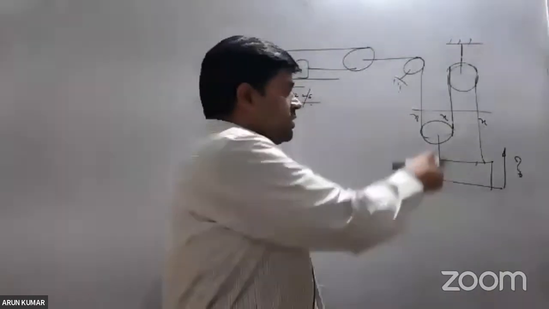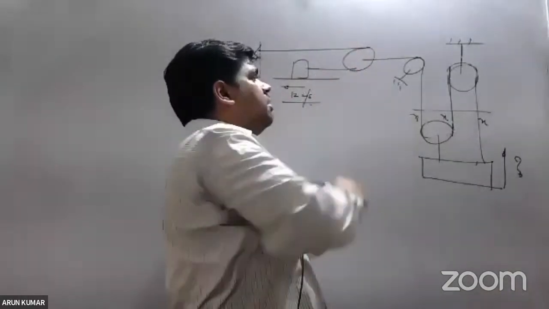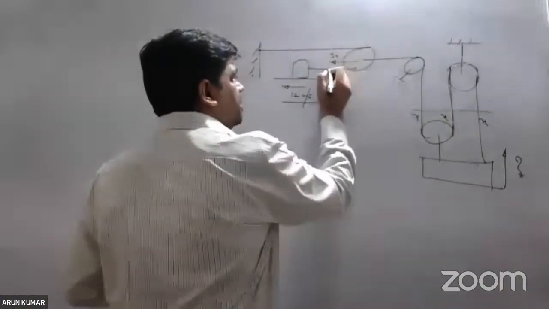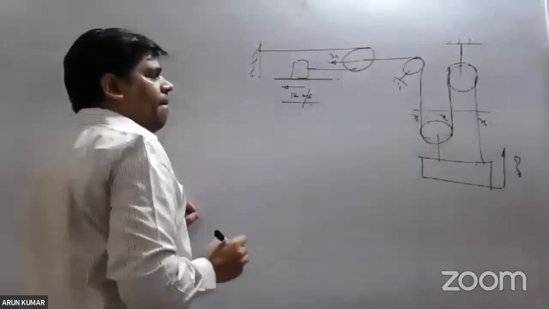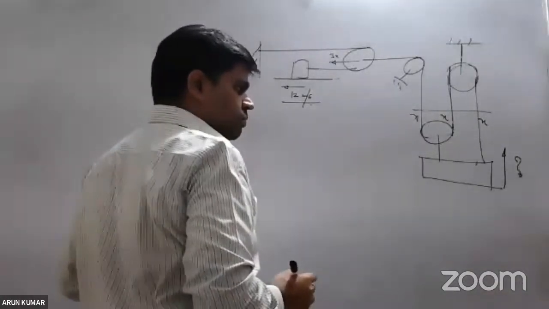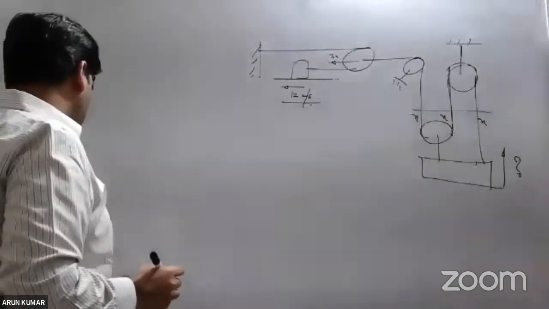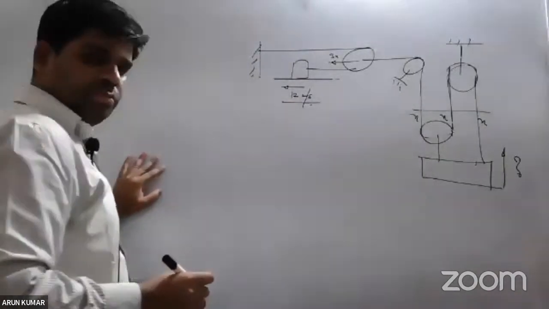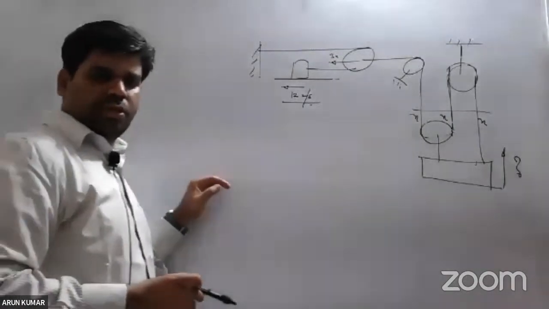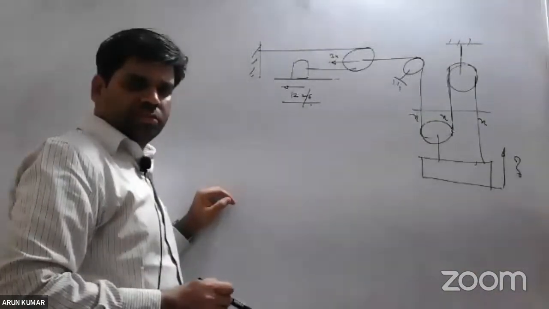Yes sir. This 3x goes here. If this moves by 3x, this will slacken by... If this pulley moves towards left by 3x, this string slackens by how much? Eight, eight.